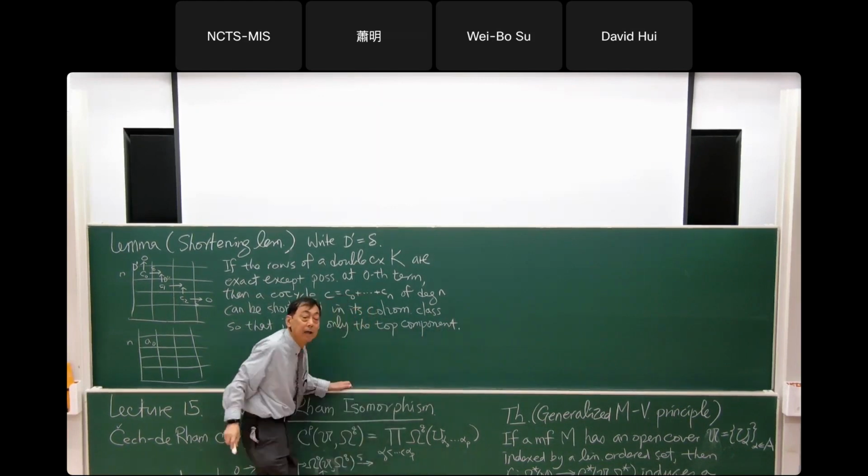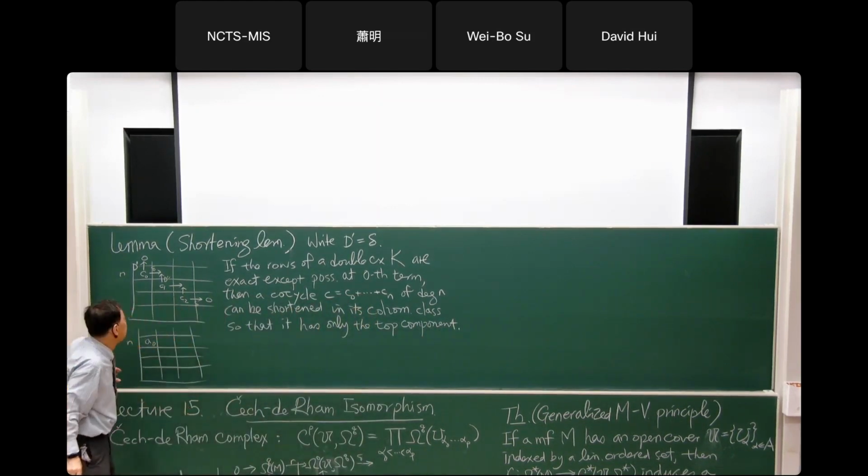So if you start with an arbitrary cocycle of degree n, you can move it in its cohomology class so that it becomes this. That's the lemma.